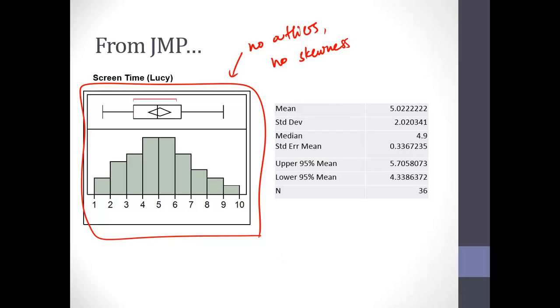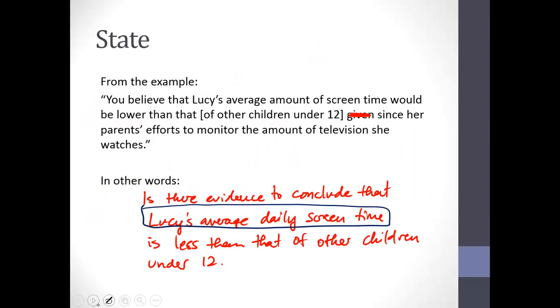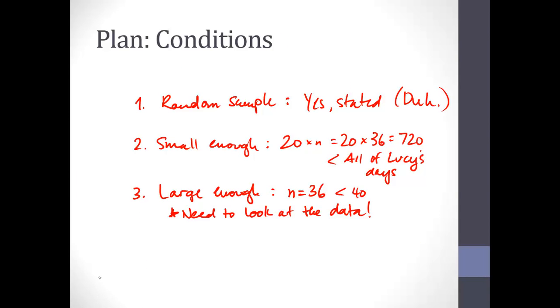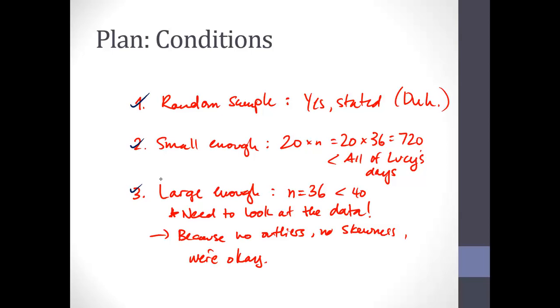So even though our sample size is less than 40, because there are no outliers and no real skewness, we're okay here. The data is looking pretty standard, so we're in good shape. Therefore, we can put little check marks by each one of these conditions.